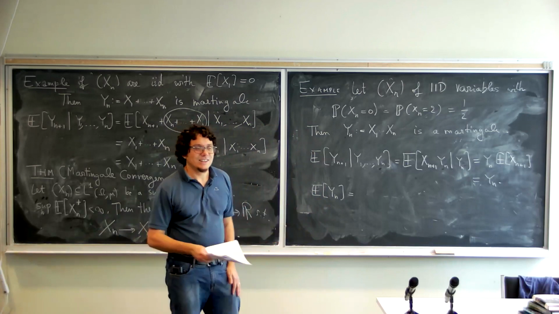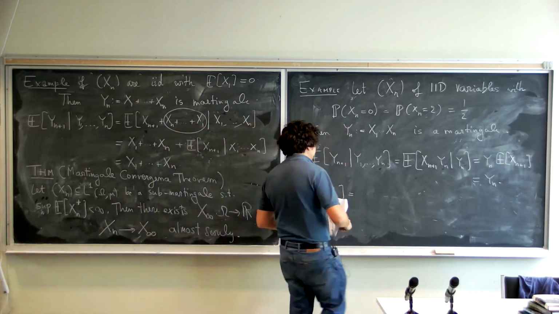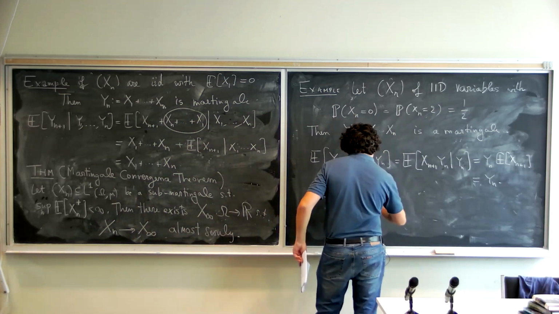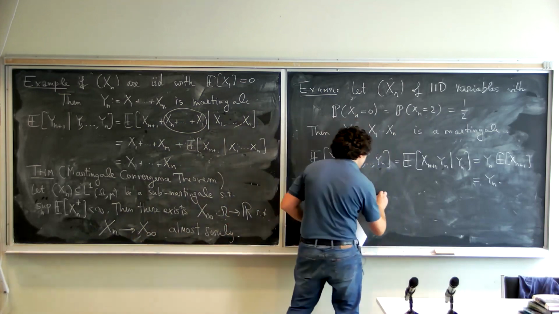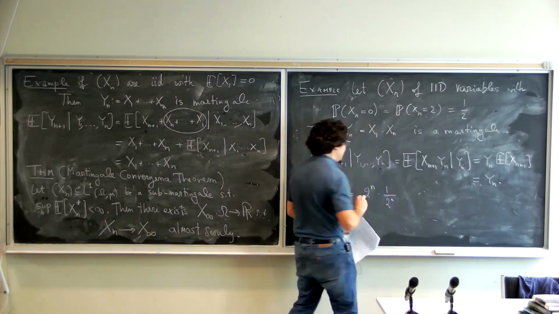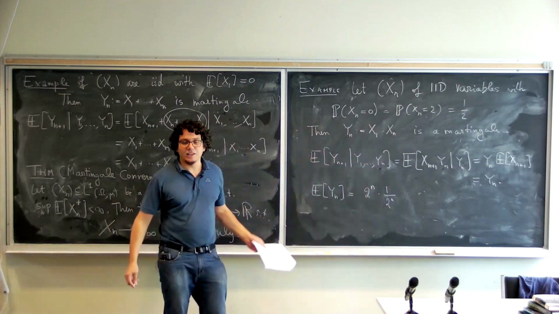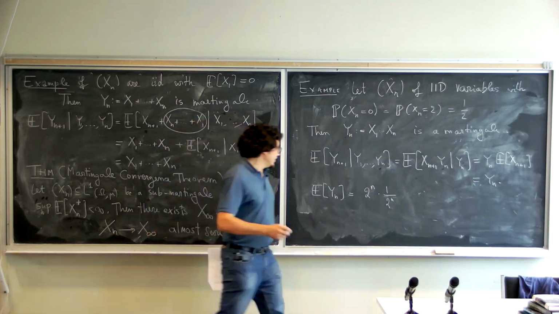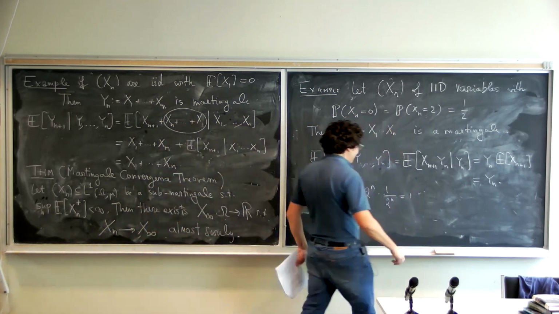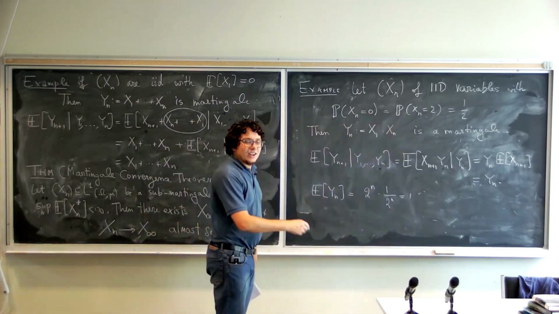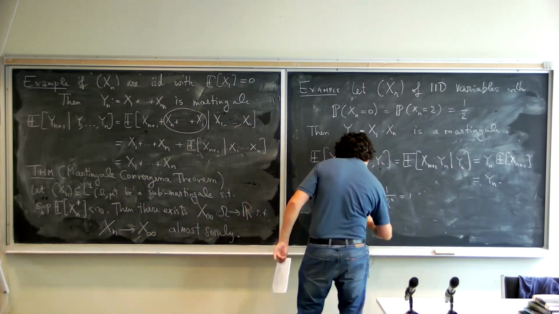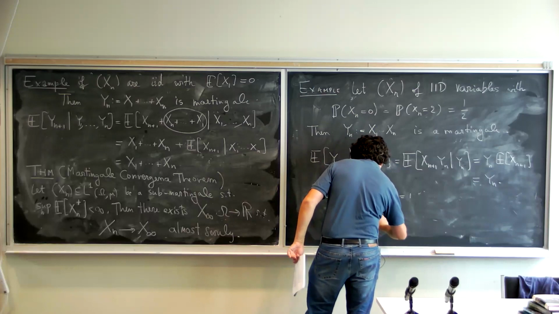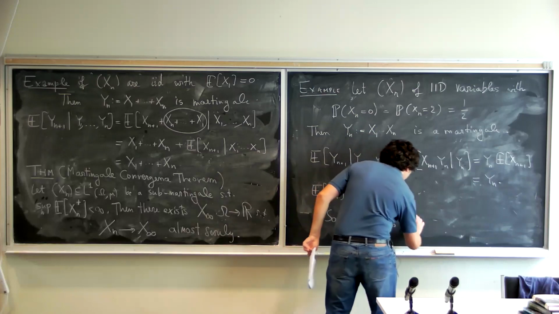So this is 2 to the n with probability 1/2 to the n. That's the only outcome. Otherwise, everything else is 0. So this clearly is 1. So this is integrable. And so indeed, yn converges to y infinity almost surely.